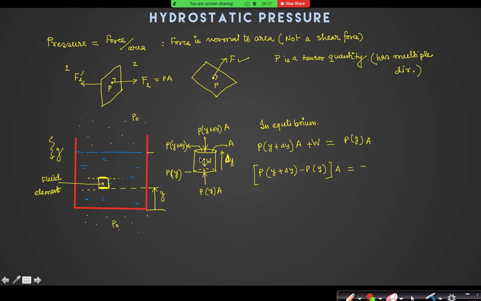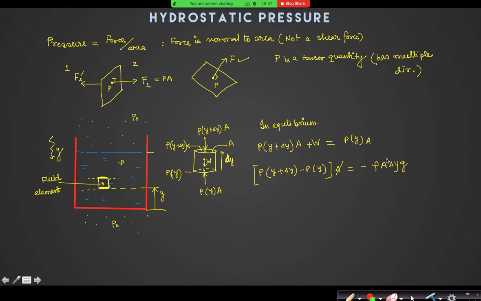Can you tell me what is the weight of this small fluid element? Sir, rho A delta y. If its density is rho, which I have taken uniform everywhere, this mass has a volume of A into delta y, multiplied by density is the mass, into g is the weight. Yes or no?